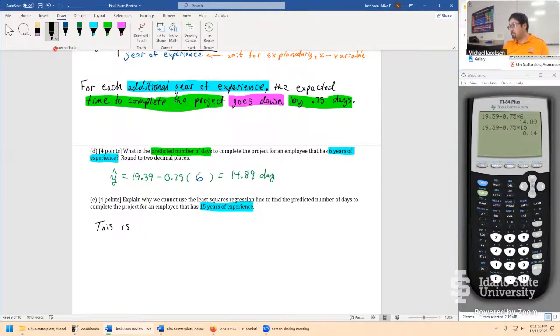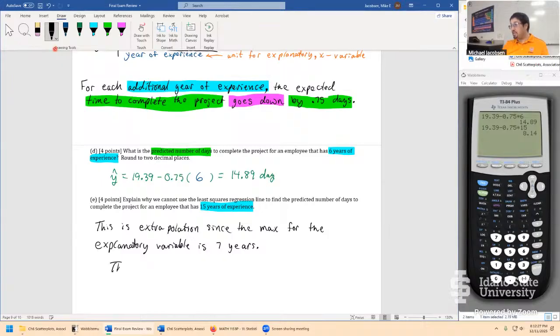this is extrapolation since the max for the explanatory variable, which is data in years of experience, that's why we refer to just the explanatory variable, is 7 years.